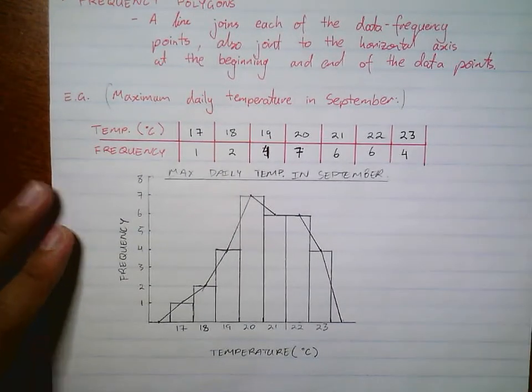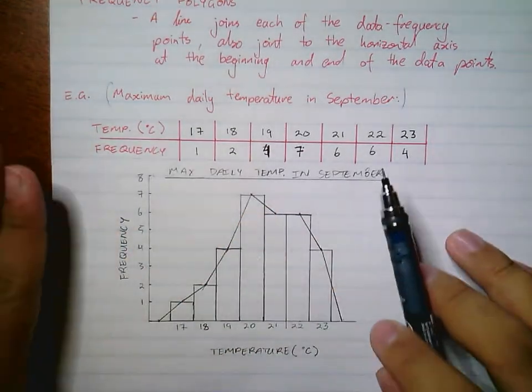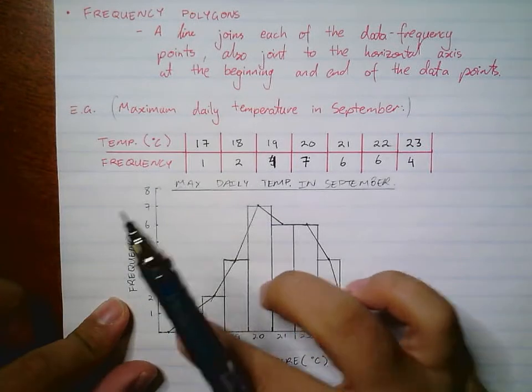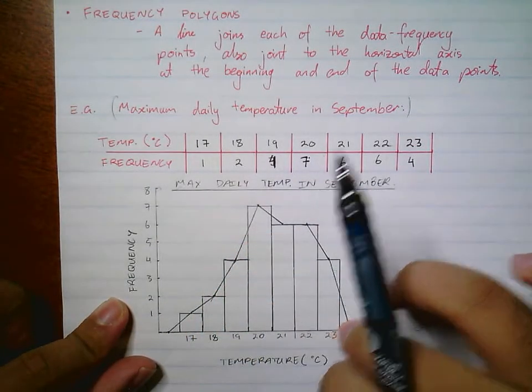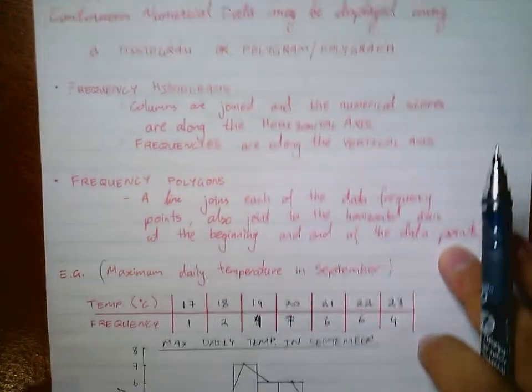Okay, so this here is a combined frequency histogram and polygon. If we take only the bars, that is a histogram only. And here's one I prepared earlier.